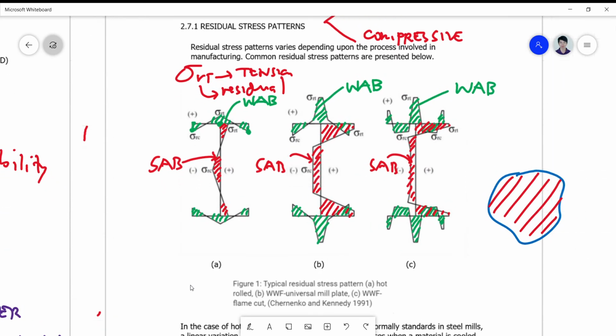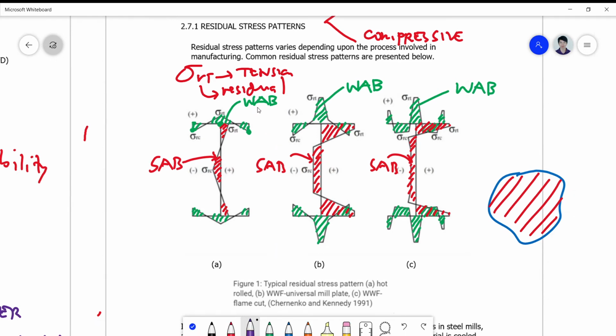Okay, so this is now a typical residual stress pattern for a wide flange which is manufactured using standard processes. So if you will notice, the residual stress patterns are actually divided into the weak axis buckling.